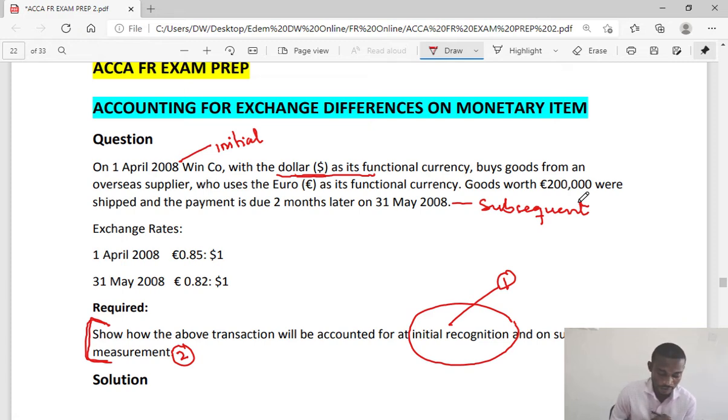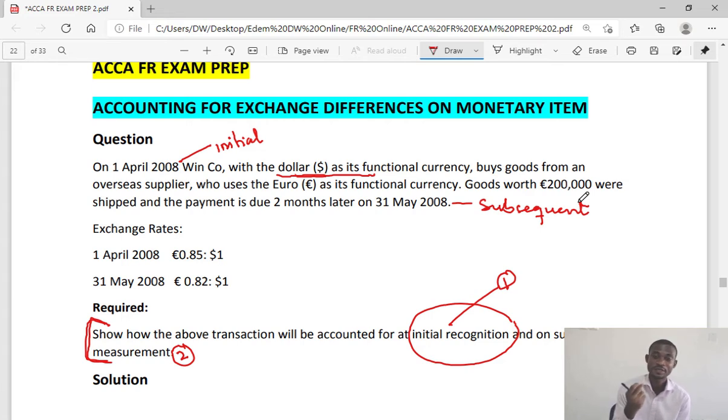Now, what we also need to look at is the exchange rate between the two currencies. On the 1st of April, which is the date of the transaction, we have 0.85 euro to $1. And what it tells you is that the euro is of more value relative to the dollar.